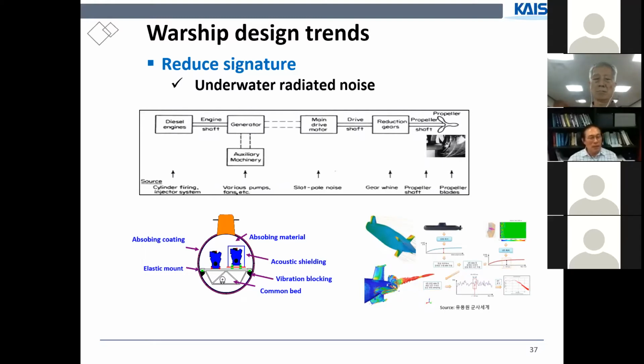To prevent mechanical noise, as you can see, we designed it like that. The engines are in an enclosed acoustic shielding and damping mounting, and we can use a common bed and elastic mount here, and vibration blocking and absorbing coating outside the submarines, and inside the submarine, absorbing materials.